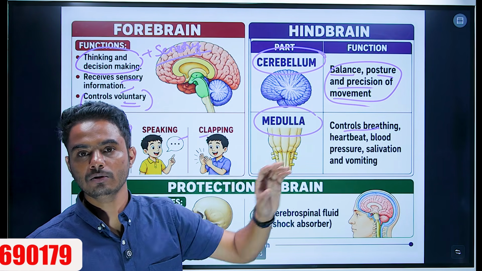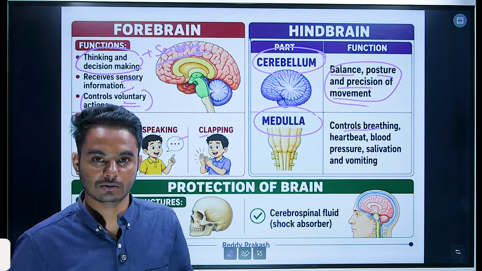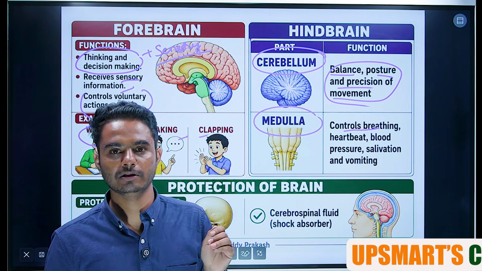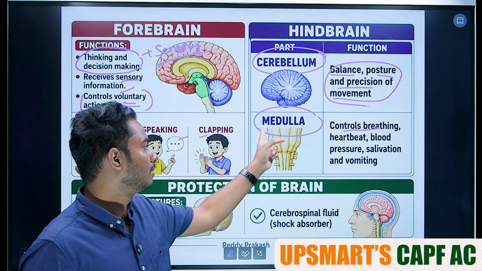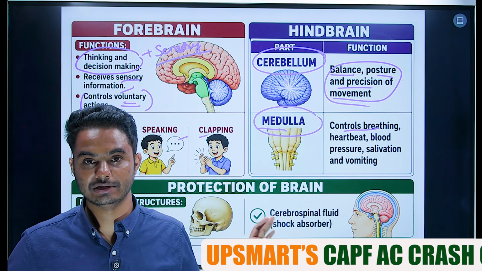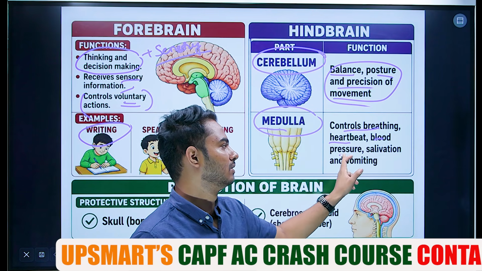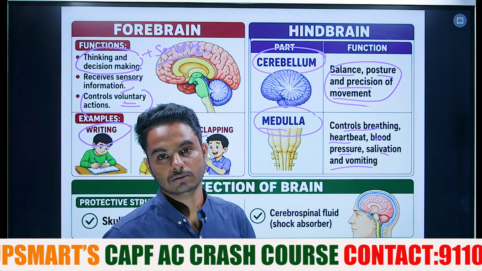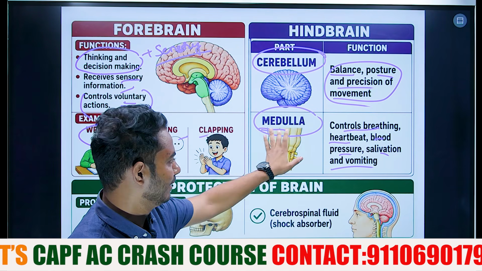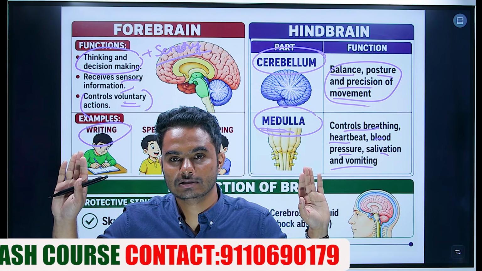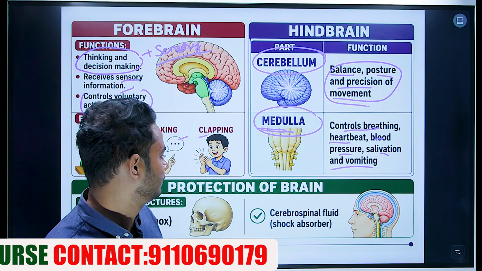Is anybody telling you to breathe in now, breathe out now? That only happens during yoga. On a daily basis, breathing in and out is controlled by the medulla and is involuntary in nature. Heartbeat, blood pressure, salivation and vomiting are all done by the medulla. The cerebellum handles balance and posture.